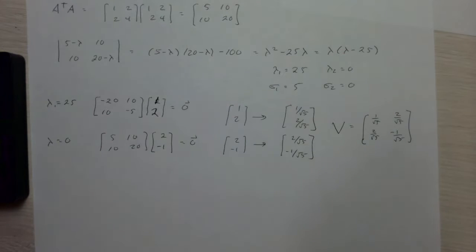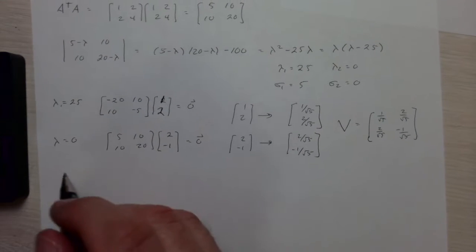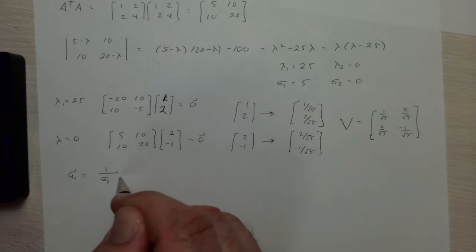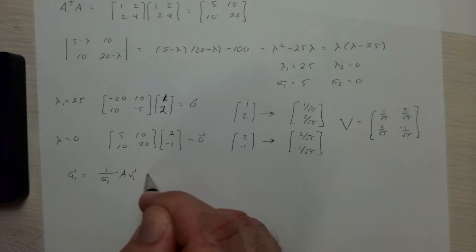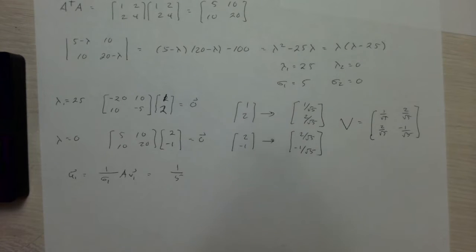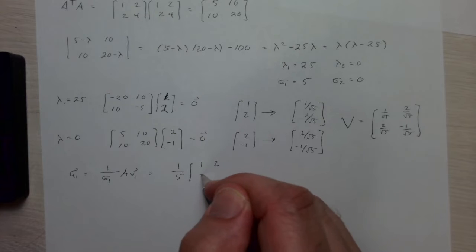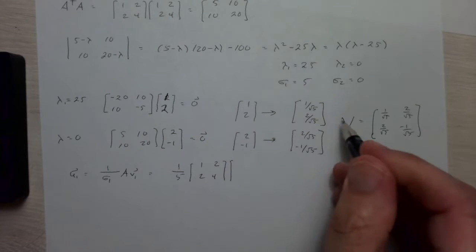Next, to find U, u1 will be 1 over sigma 1 times A times v1. So this is going to be 1/5 times A times v1.